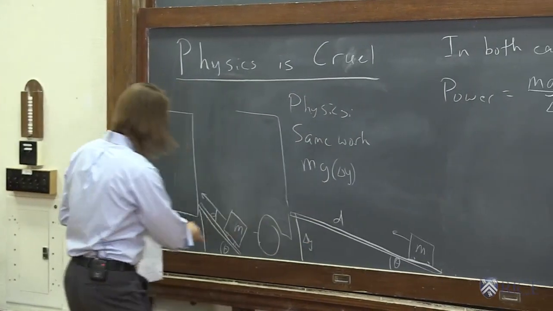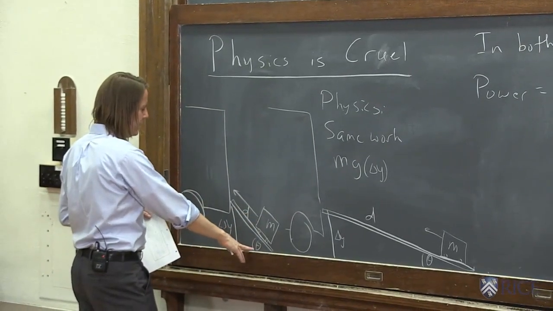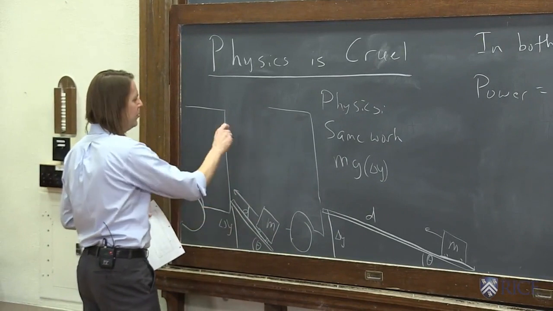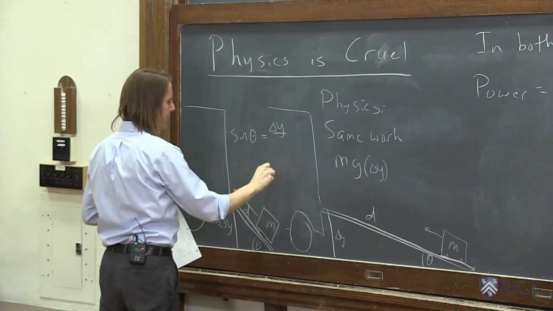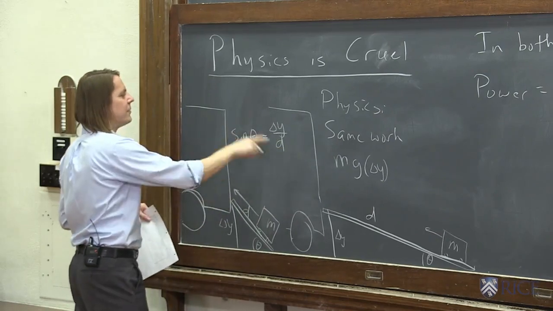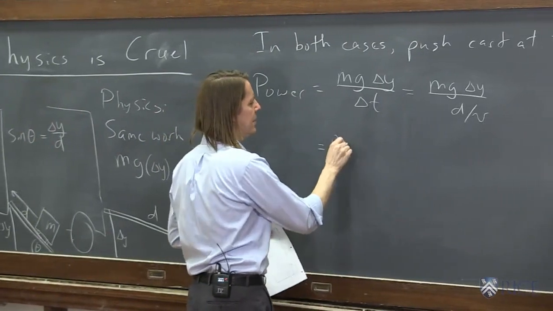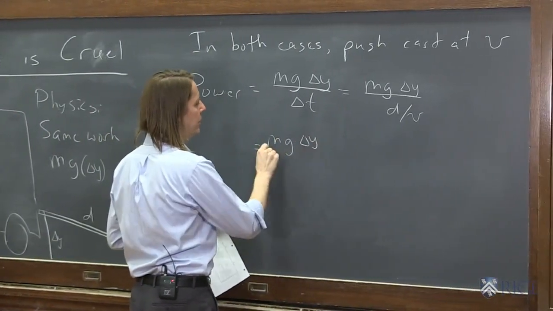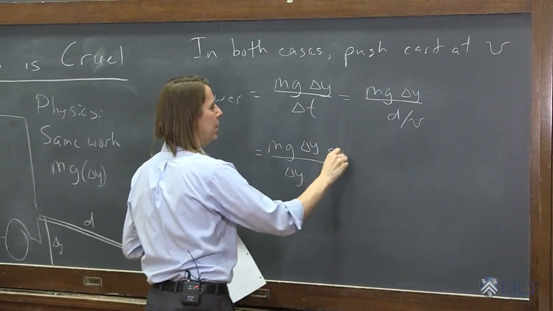So we got to say, well, it doesn't really matter, we're getting it as a function of theta. Sine theta is opposite over hypotenuse. So sine theta is opposite over hypotenuse d, so d is delta y over sine theta. Right, so this is mg delta y over sine theta.